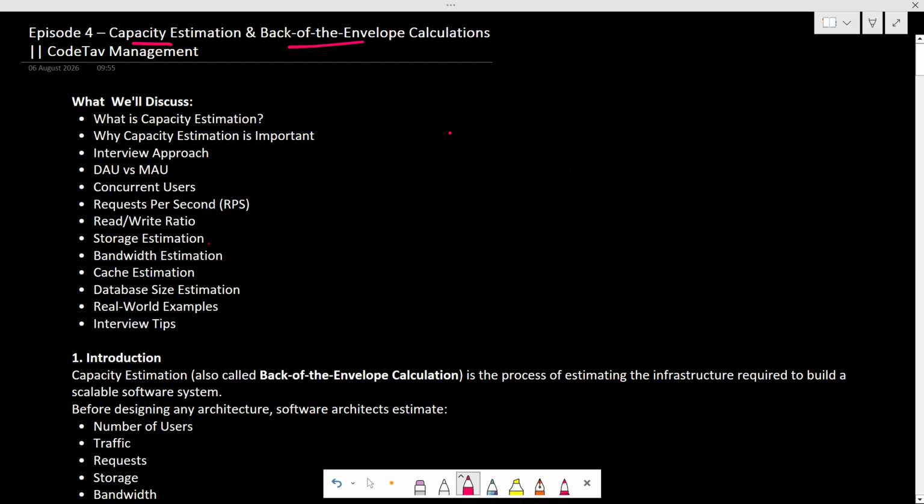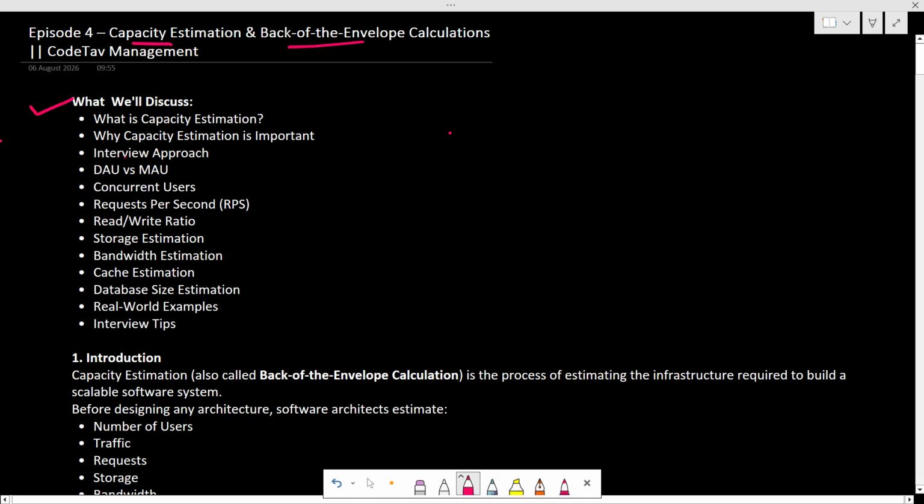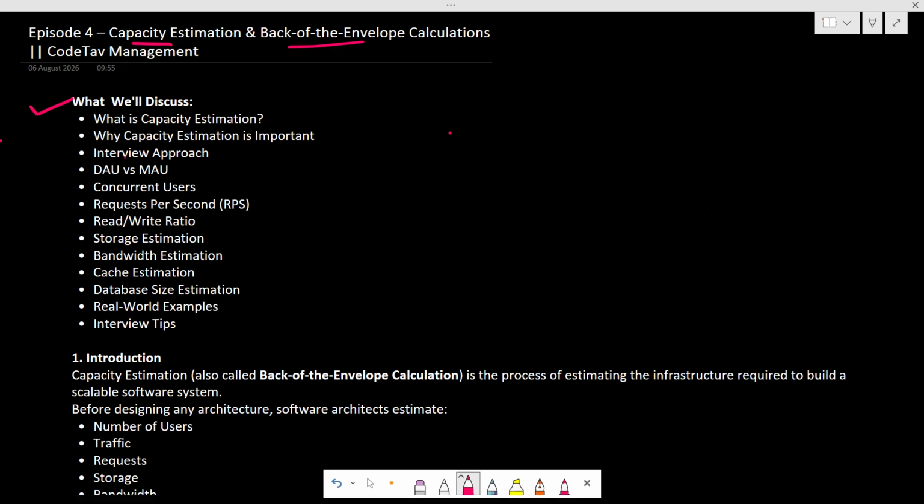So what will we discuss? Here is what we will cover in today's session. You can see, we will start by understanding what capacity estimation is and why it is essential before designing any system. And then we will learn how to estimate daily active users, the DAU, the monthly active users, MAU, concurrent users, and requests per second.